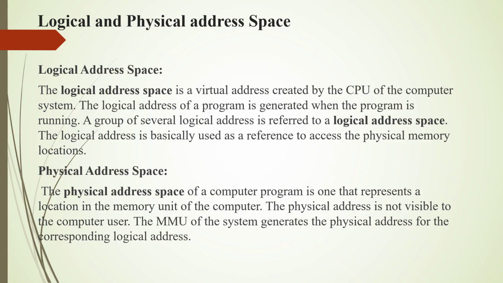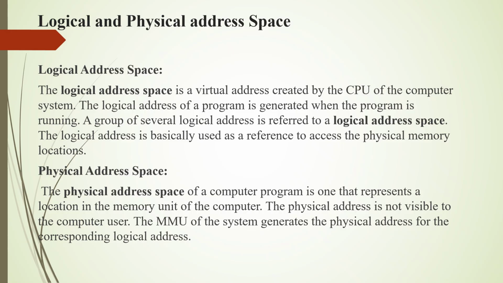Now, let's understand the concept of logical address space and physical address space, which are fundamental to memory management. A logical address is a virtual address generated by the CPU while a program is running. Every time a program needs to access memory, the CPU creates a logical address. These addresses are not the actual memory location.